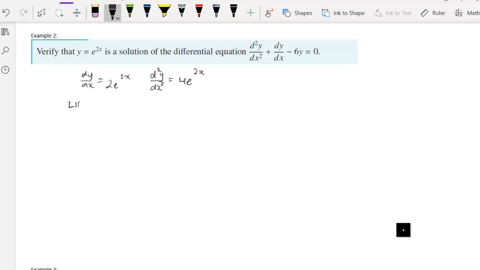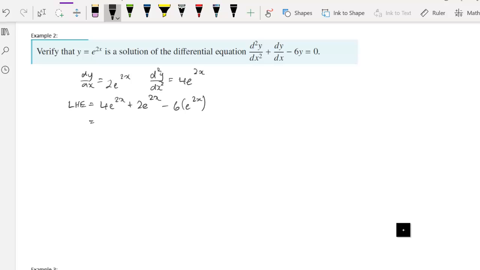Now we can look at our left-hand side. We've got the second derivative, so that is 4e to the 2x. We've got the first derivative, which is 2e to the 2x, and we're subtracting 6 times the original function, which is e to the 2x.